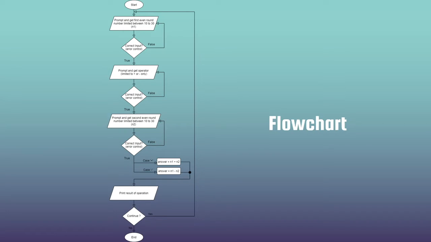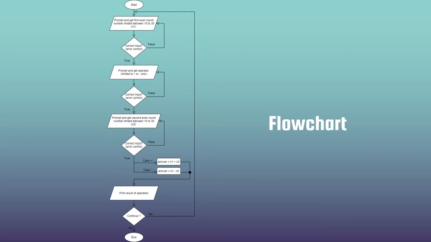For the switch statement, if the user has inputted plus, which is to conduct an addition operation, it will go through the first case, case plus, by which the answer will be N1 plus N2. But if the user selects a subtraction operation, which is case minus, then the answer will be N1 minus N2.